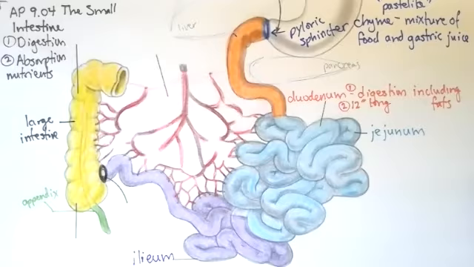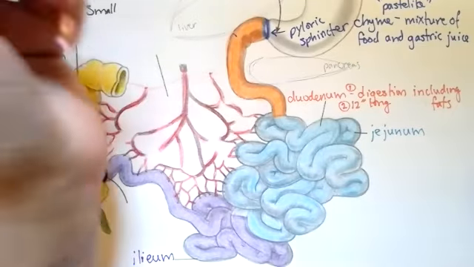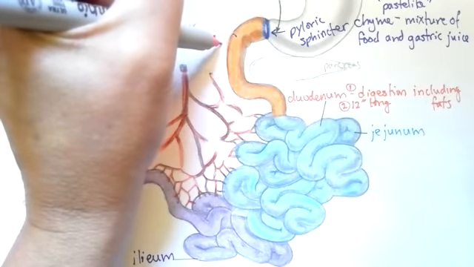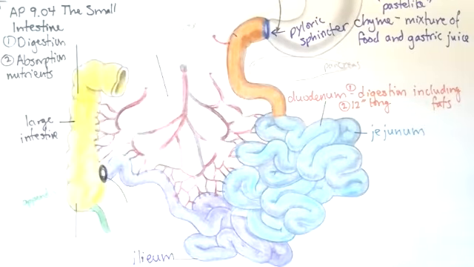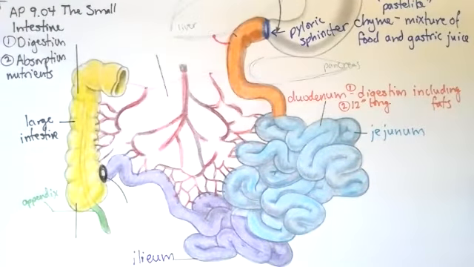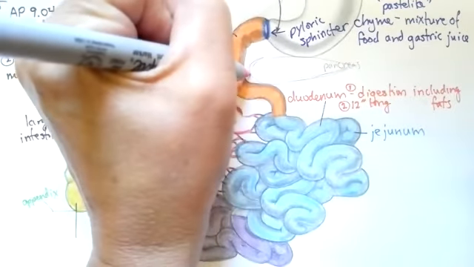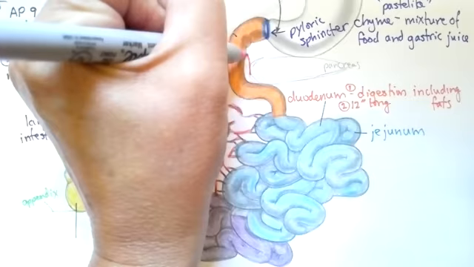And we have some ducts that come in. Let's do the ducts in pink, since I already did orange. So there's a duct that comes up from the head of the pancreas and it enters in here.